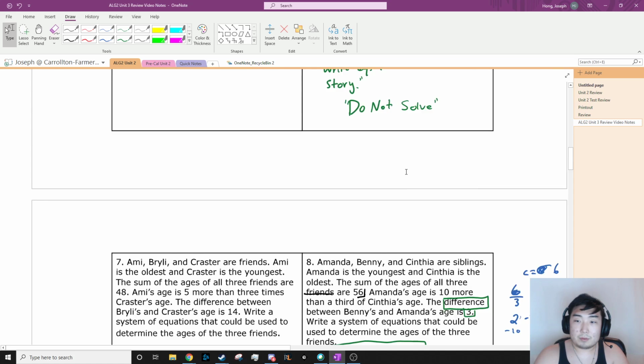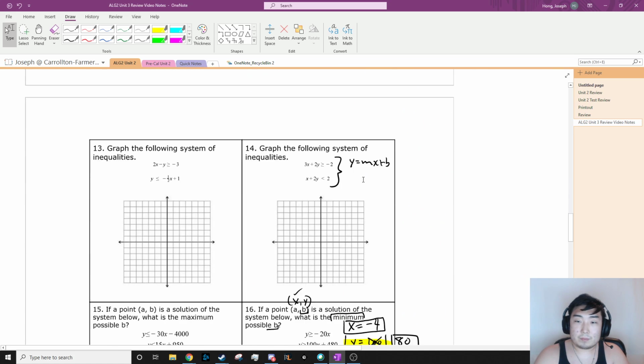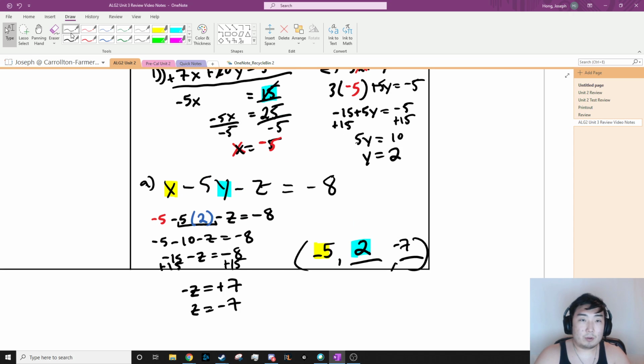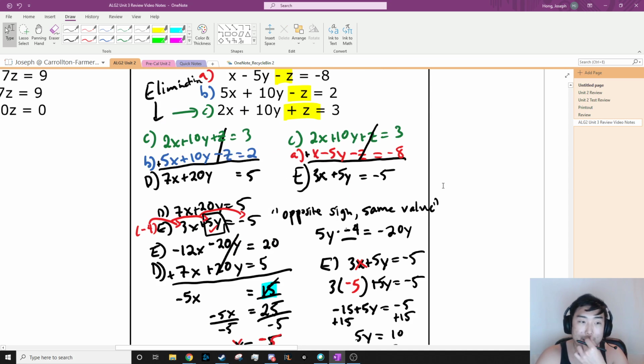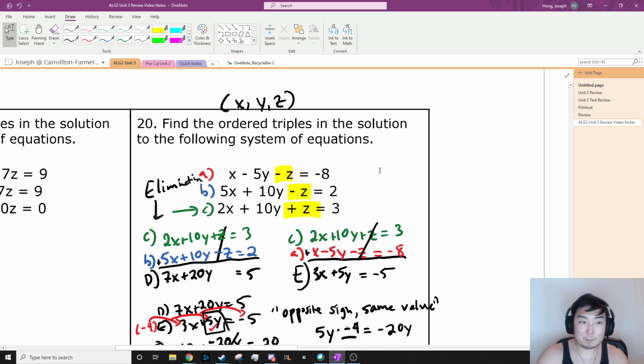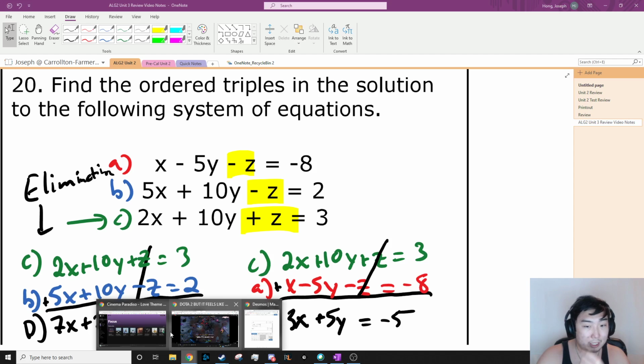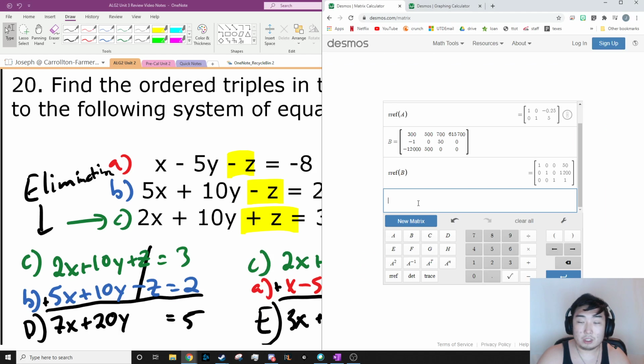And let's say, for example, you try to do this problem doing elimination or substitution, and, you know, I might not. Who knows? You might be expected to do this. But the way that you can check your answer, even if you do elimination or substitution, is you can write a matrix.